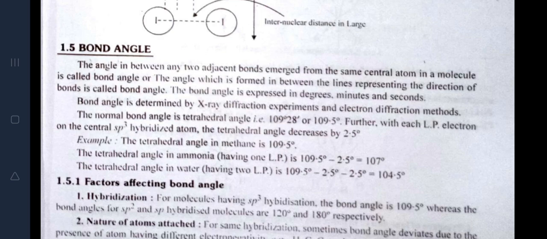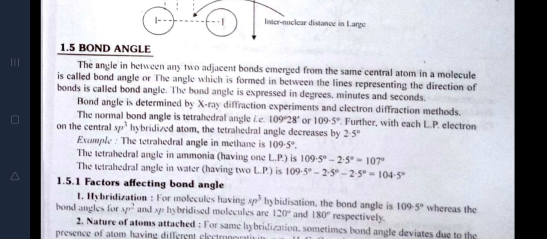The tetrahedral angle in ammonia, having one lone pair, is 109.5 degrees minus 2.5 degrees, which is equal to 107 degrees. The tetrahedral angle in water, having two lone pairs, is 109.5 degrees minus 2.5 degrees minus 2.5 degrees, which is equal to 104.5 degrees.